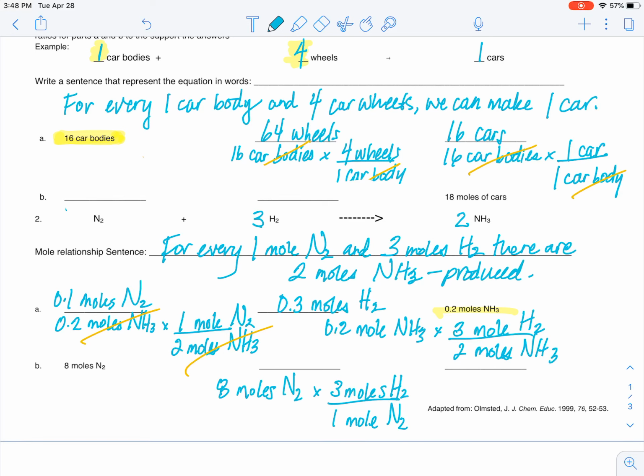So here we multiply 8 by 3 and then divide by 1, which tells us that you would need 24 moles of hydrogen if given 8 moles of nitrogen. Again, in this equation, the moles of nitrogen cancel.